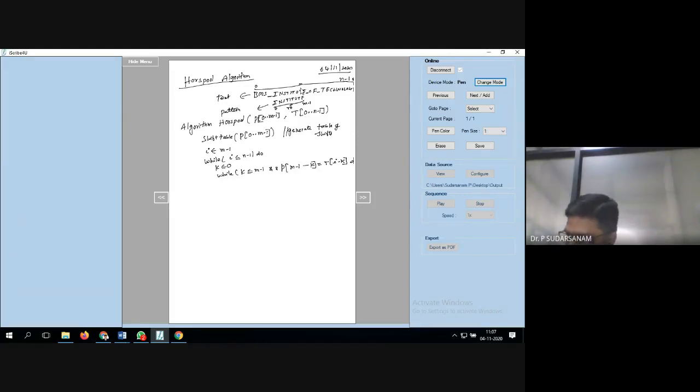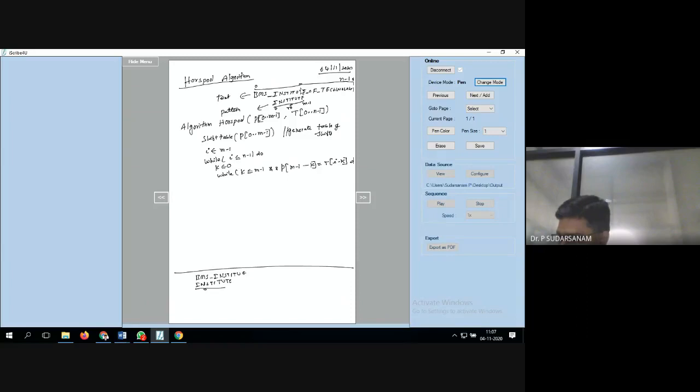So I'll write one more example here if you want. For example, if you take BMS, suppose initially we take it like this.